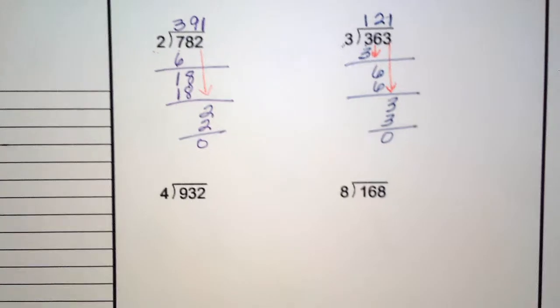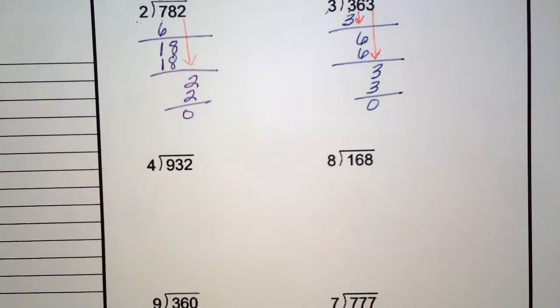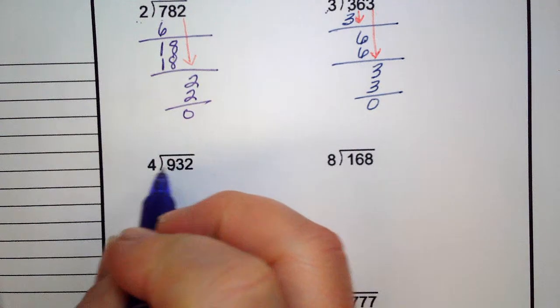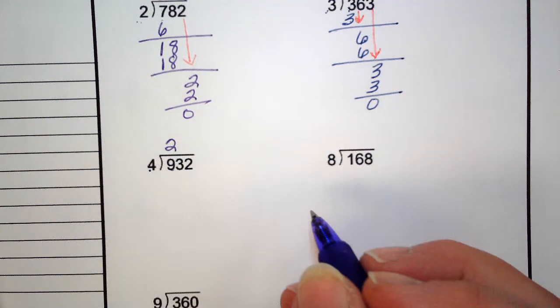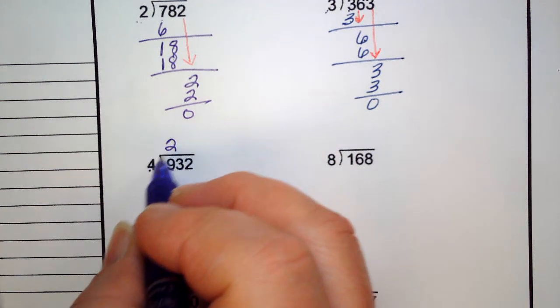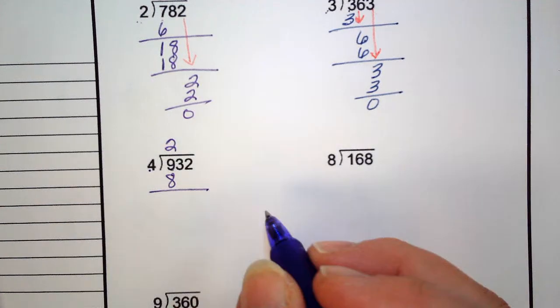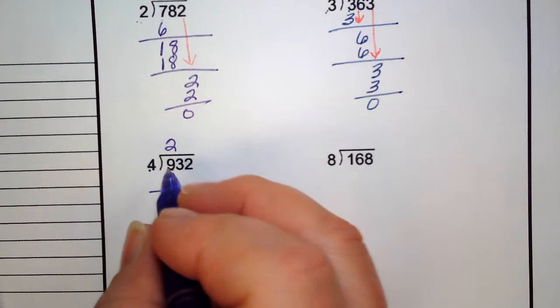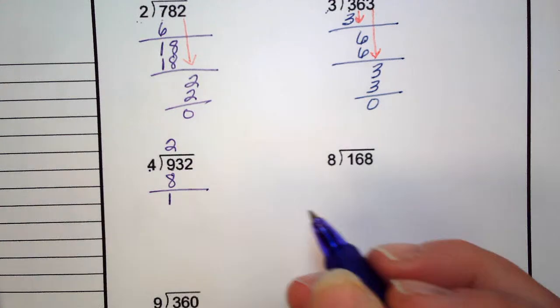Okay, let's do 2 more together, and then you'll try to do the last 2 on your own. So if I'm looking at the next one, 9 divided by 4 is 2, because it'll go into 8, but it will not go into 9. 2 times 4 is 8. So I've divided, I've multiplied, now I subtract. 9 minus 8 is 1.